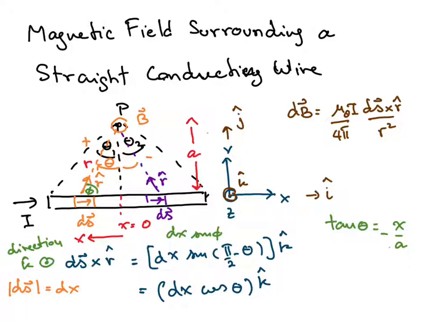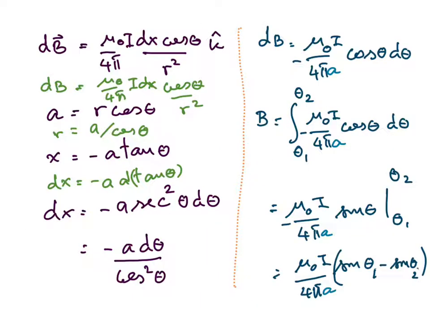When you do the numerical calculation, you may have to be careful about the sign of theta 1 and theta 2, because by definition, we let theta 1 be positive and theta 2 be negative. So when you put the value of the limit here, you must put theta 1 as positive and theta 2 as negative.